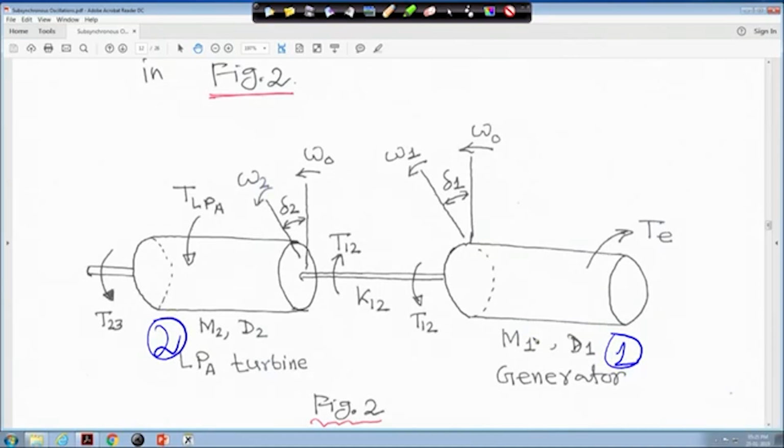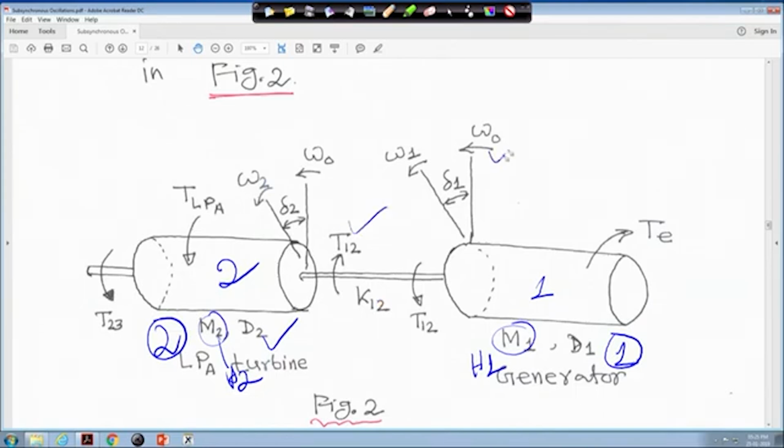The inertia, written as M, we will take as H1, and its damping for this section is D1. Instead of M2 we will take H2, with damping D2. This is section 1 and this is section 2, and here the stiffness is K12, and this is the torque T12 acting on this shaft.